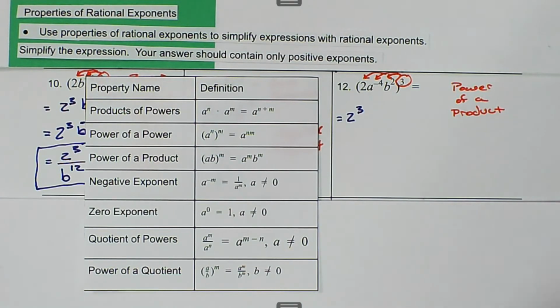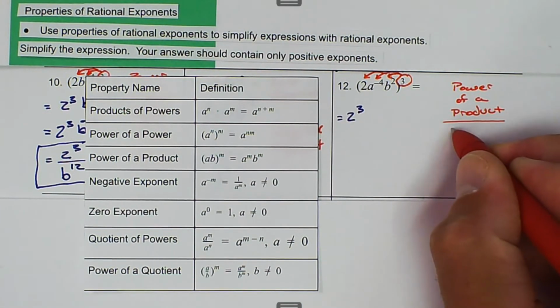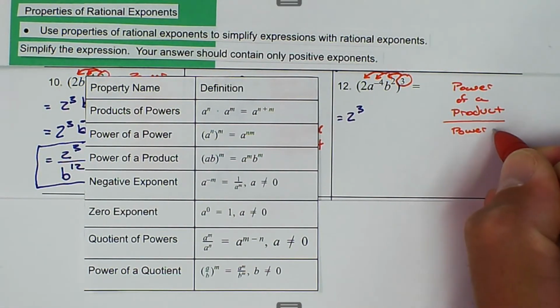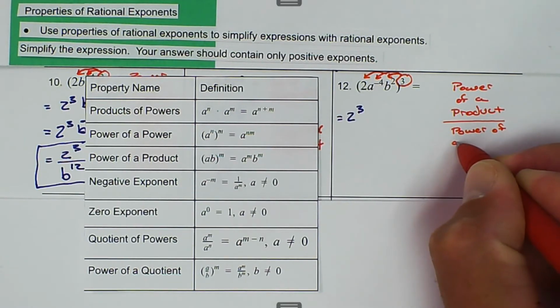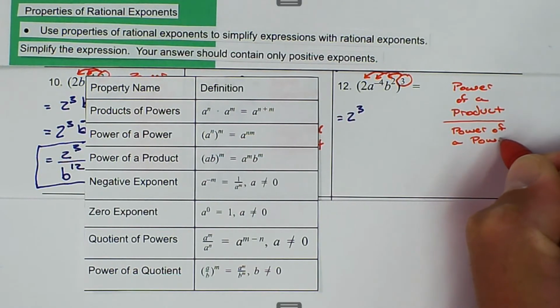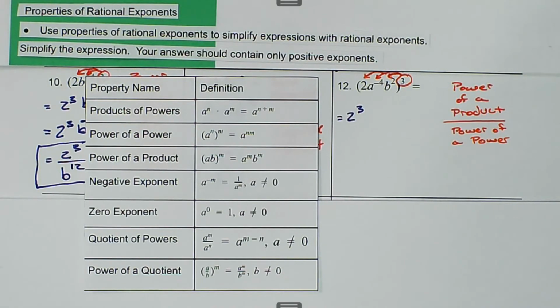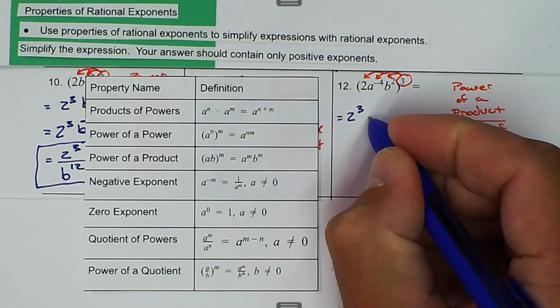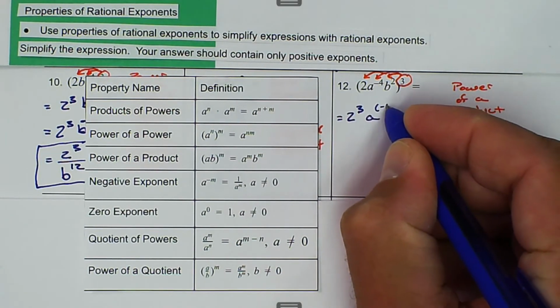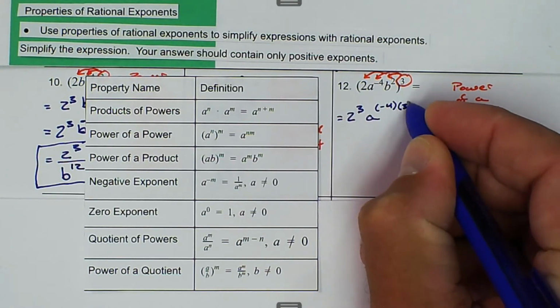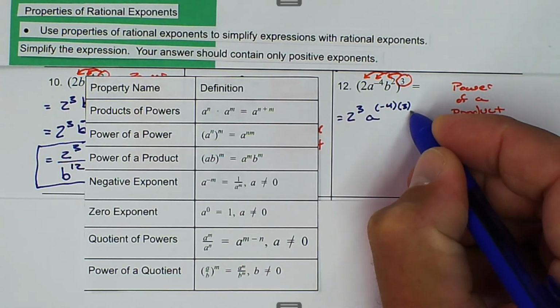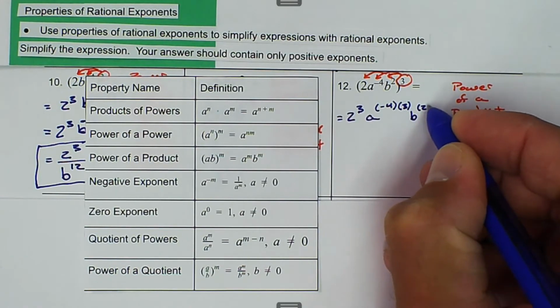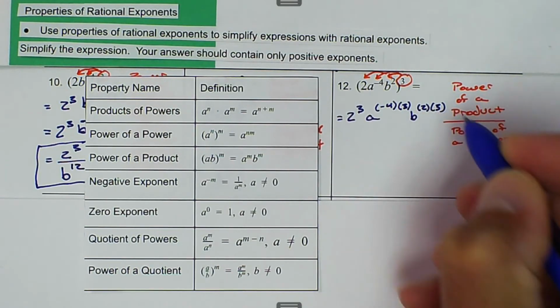So we have a to the negative fourth times 3. And then we also have b squared times 3.